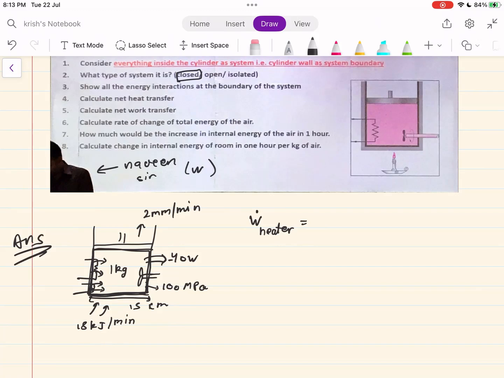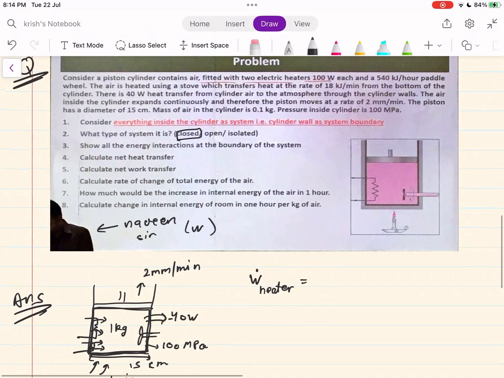So the work done by the heater is minus 2 into 100, because work is seen with respect to surroundings, is minus 200 watt.